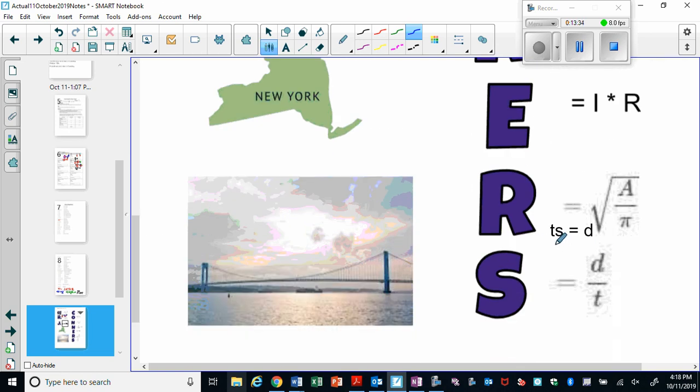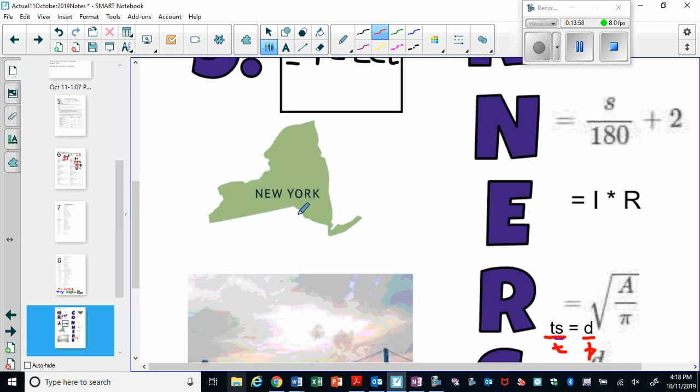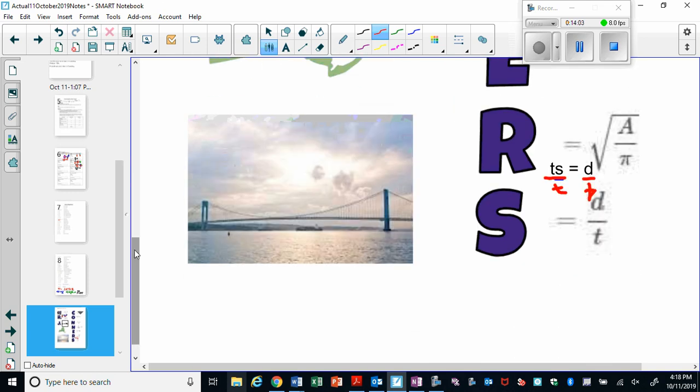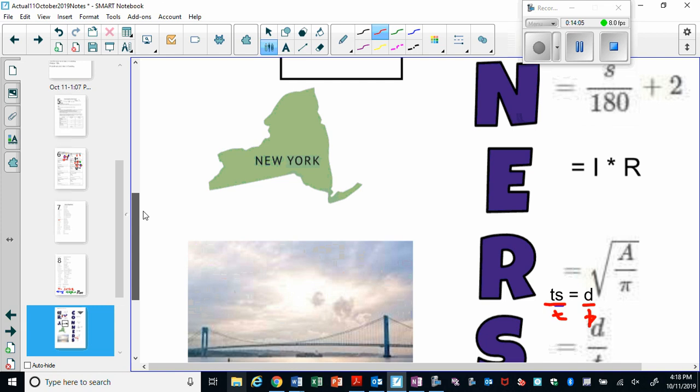Again, we're trying to isolate the S. So that means we divide both sides by T. And in the end, you have S is equal to D divided by T. And you could place pictures, either cut them out from magazines, articles, Photoshop if you do it online, that is fine.